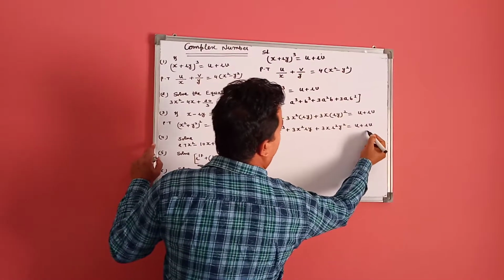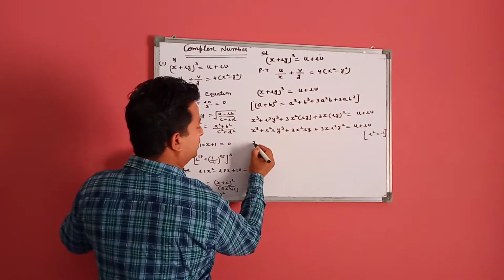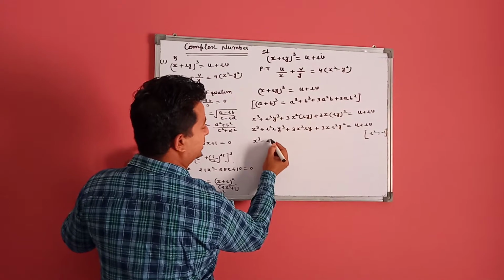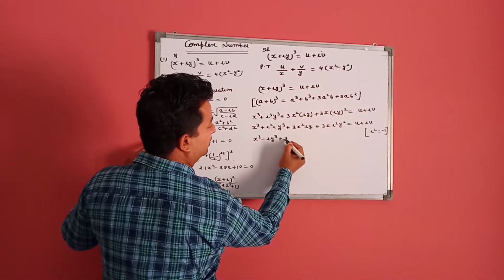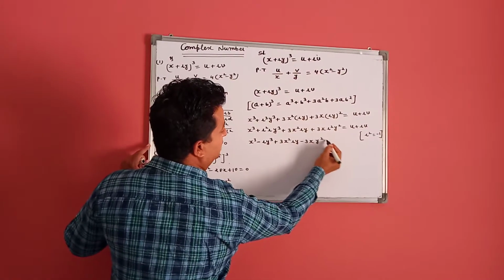As we know, iota square is equal to −1. Put the value of iota square, −1: 3x² iota y, −3xy².